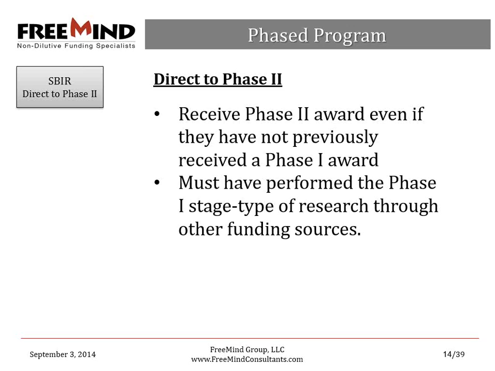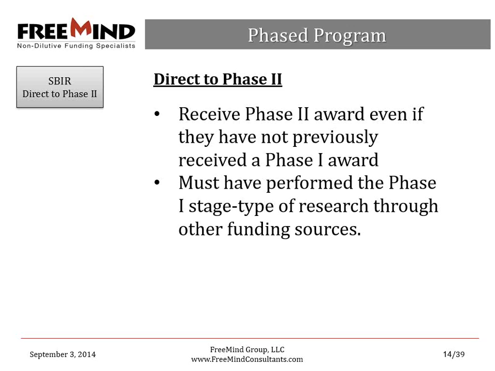And as I promised you, it's 3 slides later, here's something relatively new. When the U.S. Congress passed the SBIR STTR Reauthorization Act of 2011, one of the changes they made was to allow issuing an SBIR Phase 2 award to SBCs which did not receive a Phase 1 award for that R&D. This direct Phase 2 award is permitted if the SBC has performed the Phase 1 stage type of research through other funding sources.